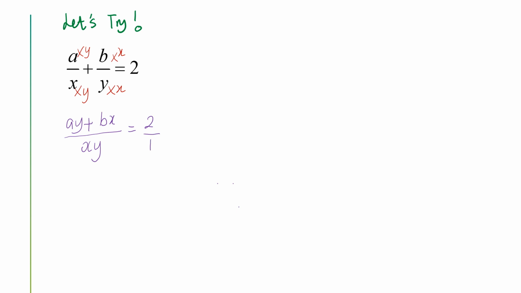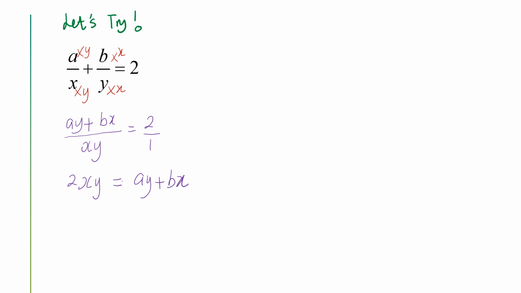I would advise you to write 2 as 2 over 1. Then the next step, naturally, you would do a cross multiply, so that 2 multiplied by xy gives you 1 multiplied by ay plus bx, which just gives you ay plus bx. All right, so remember our objective. In order to convert it to a linear form, we just need to make sure we have a constant.